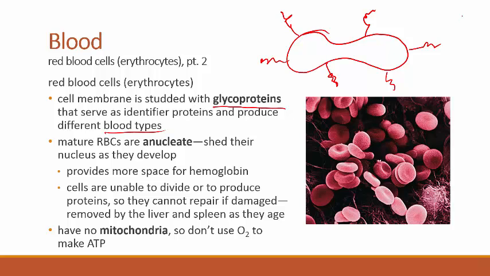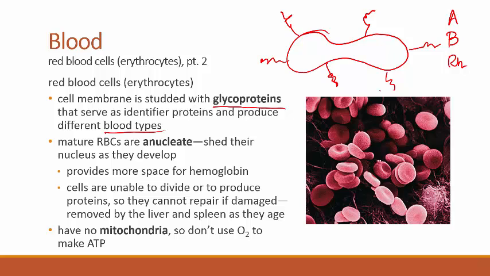And so there are A identifier proteins, B identifier proteins, and RH identifier proteins. So we have 3 different proteins that can be found on the surface of a red blood cell that give us the blood types that we are going to be talking about at the very end of the chapter.